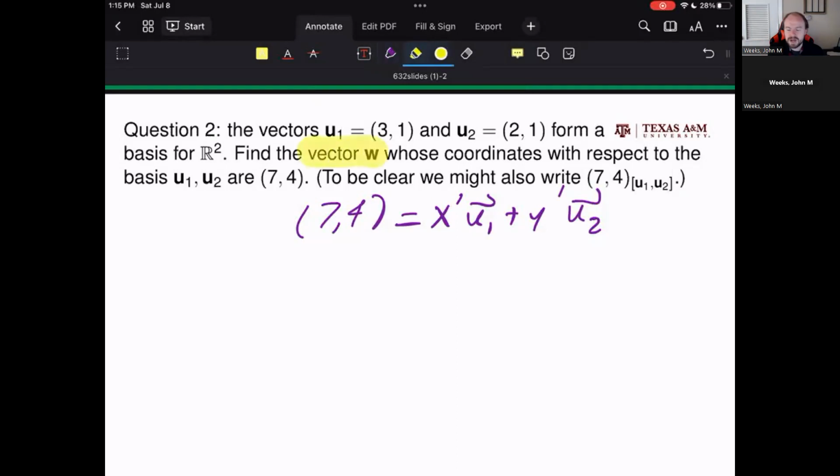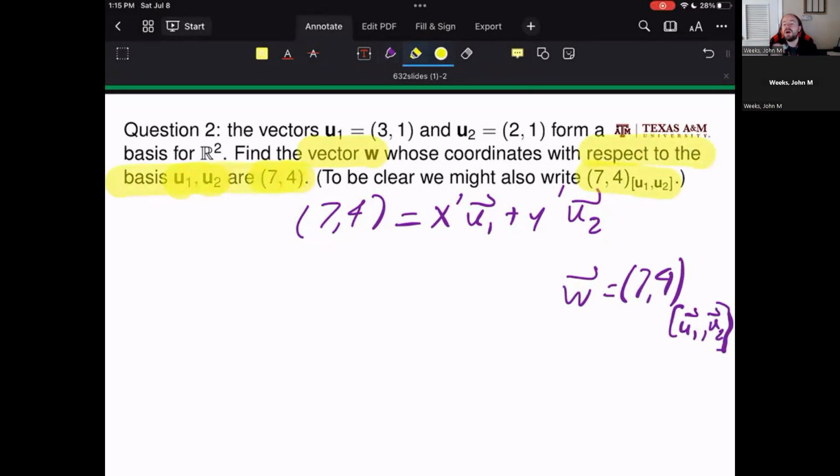Let's find the vector w, whose coordinates with respect to the basis u1 and u2 are 7, 4. To be clear, we're trying to write the vector w such that w is equal to 7, 4 when written in terms of the basis u1 and u2. This is how you could see this written. Namely, the coordinates with respect to the basis u1, u2 are 7, 4.